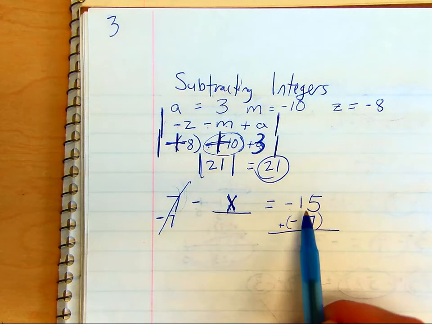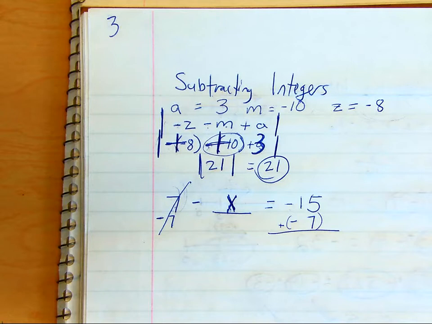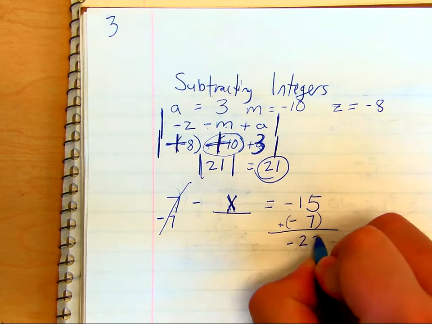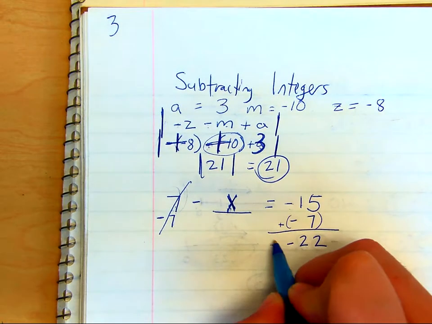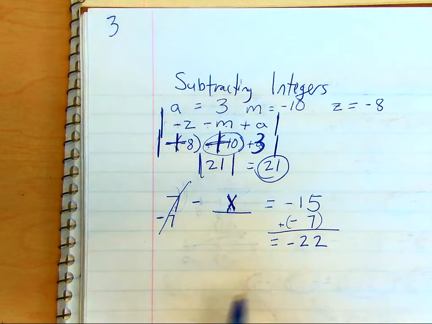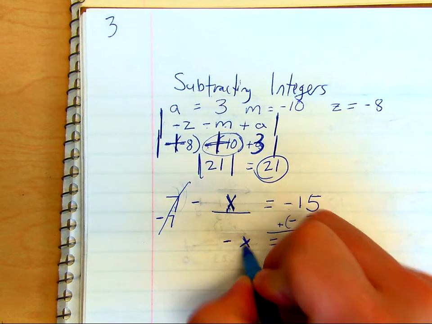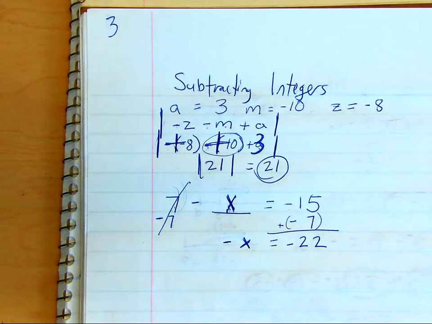Nope. If I owe someone $15 and then I add another $7 to that bill, negative 22. So I'm bringing down my equal sign. Notice I have minus x. We said a subtraction sign and a negative sign are the same. So now I have a negative x is equal to negative 22.